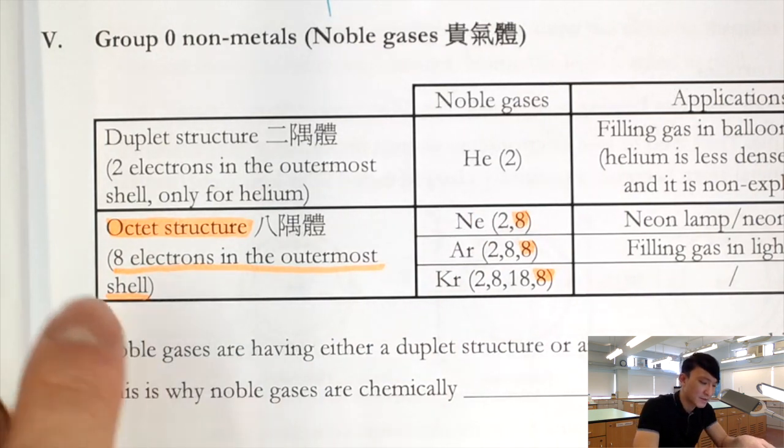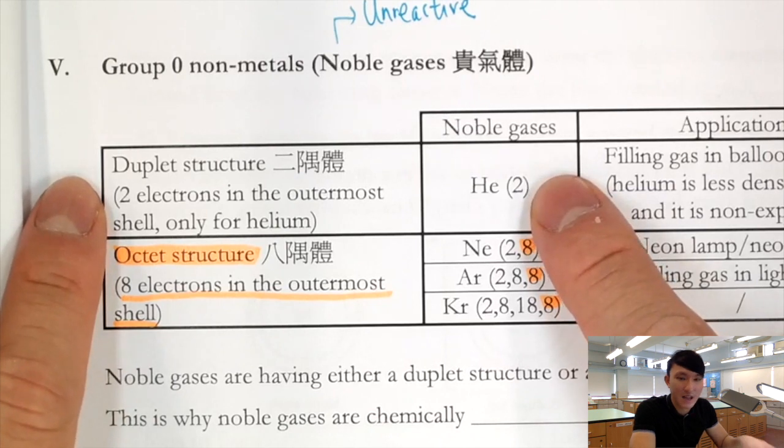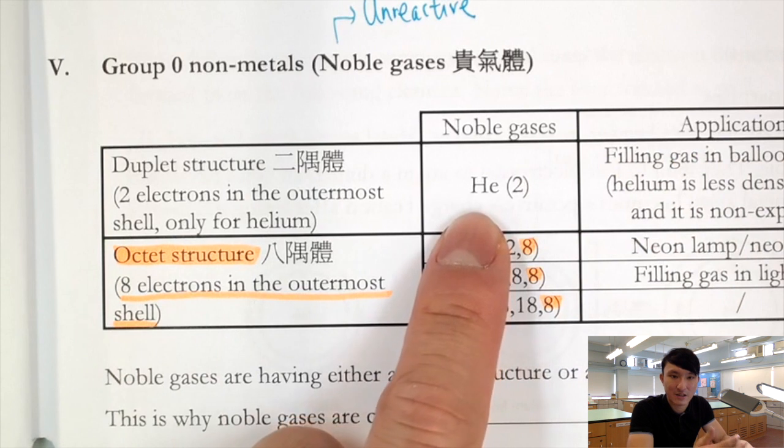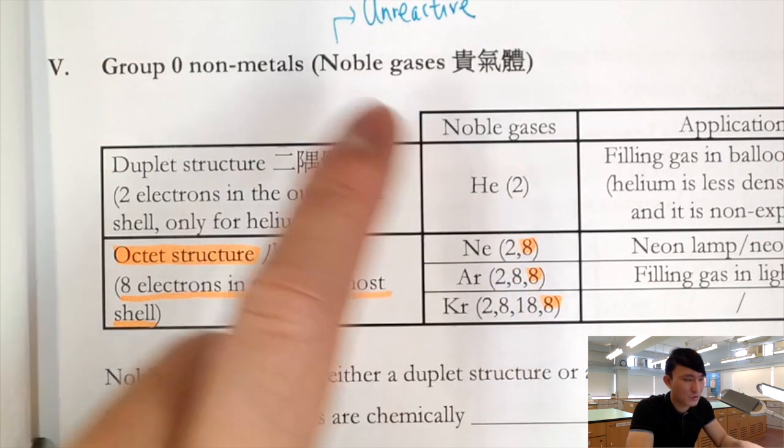Okay? Now, but what about helium? Now you see helium, it doesn't have 8 electrons in the outermost shell. As a matter of fact, it only has 2 electrons, right? So it can never get 8 electrons in the outermost shell. However, it is still classified as group 0.